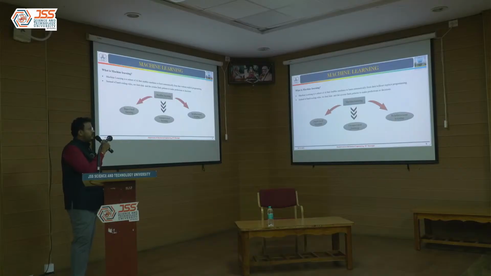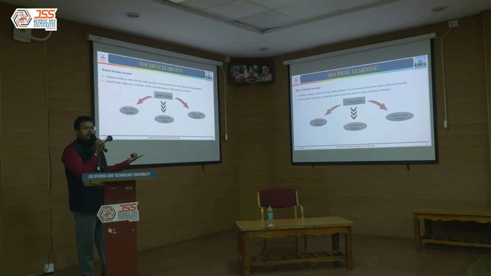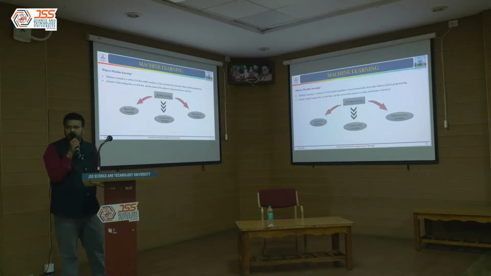Instead of hard coding rules, we need data and the system finds patterns to make predictions or decisions. Many of the faculty might be working on machine learning. So we have supervised learning, unsupervised learning, and reinforcement learning.